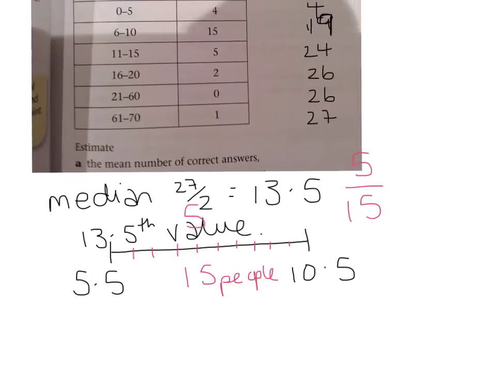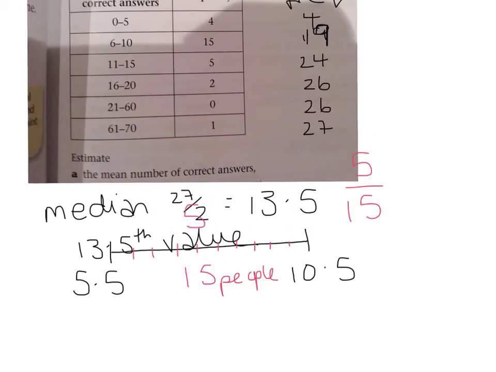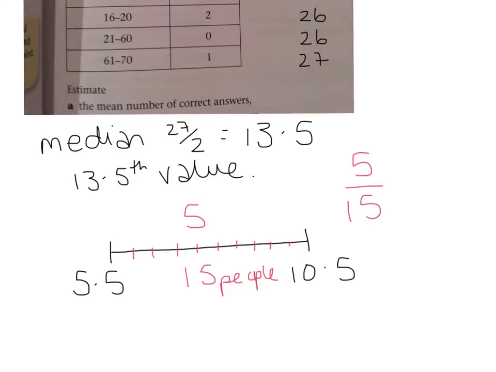Up to that point I had 4 people already. If I want to get to the 13.5th value, how many more do I need? Take that 4 from 13.5, that's 9.5. So I want to go 9.5 people into this group.